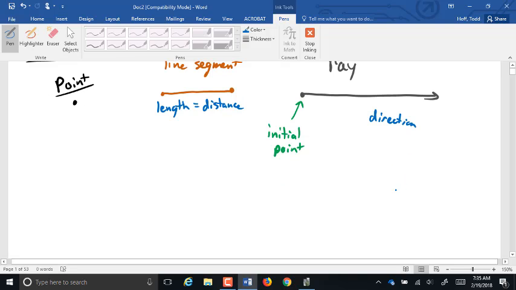Let me do another little picture of a ray here. Let's say it goes like that. To define its direction, what we use is like a navigational compass rose. North, south, east, west. The east direction is defined to be 0 degrees.